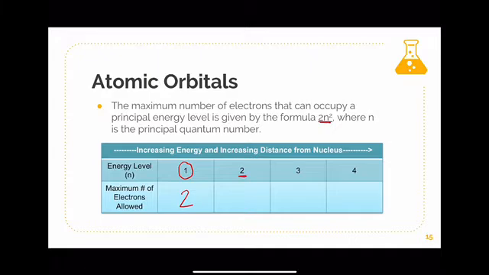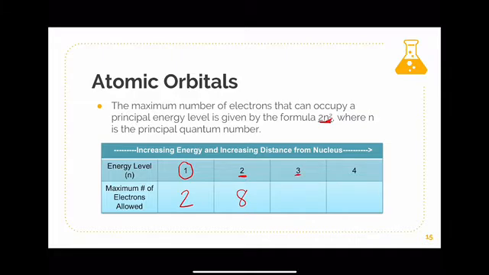If n in the next one is 2, then when we square it, that is 4, times 2 is 8. So 8 is the maximum number of electrons in the second energy level.